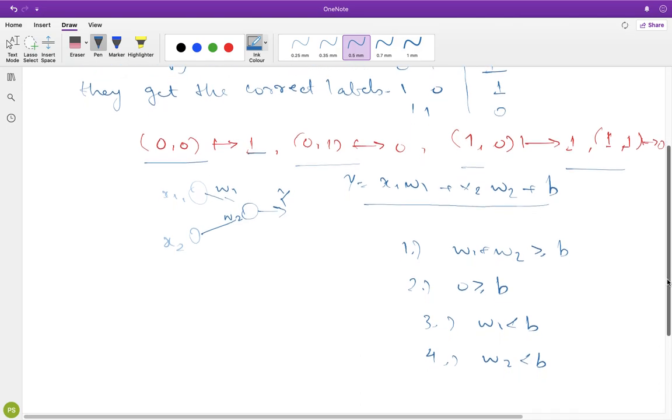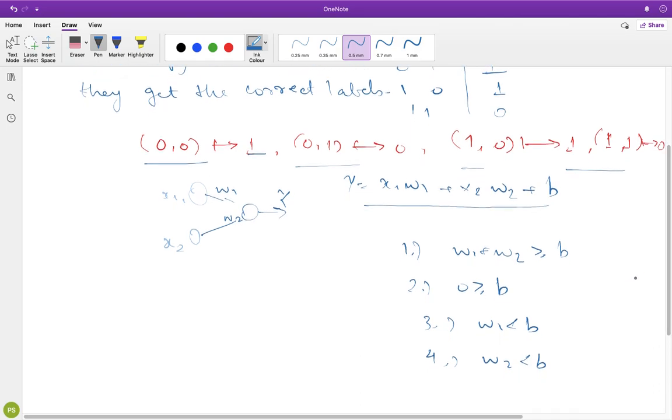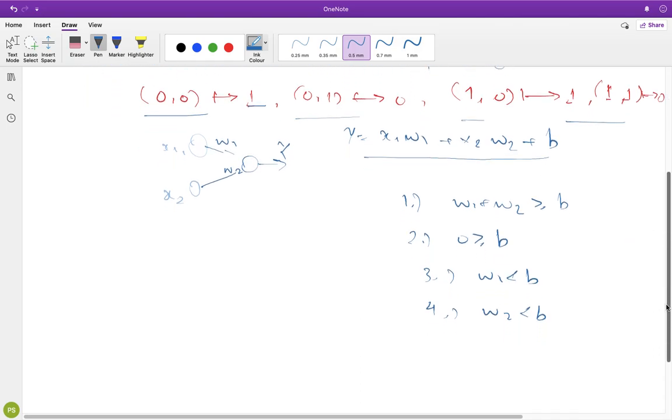So this means that the perceptron, which has the two neurons, cannot adjust these weights to separate the 1 and 0 as they come in the XOR.